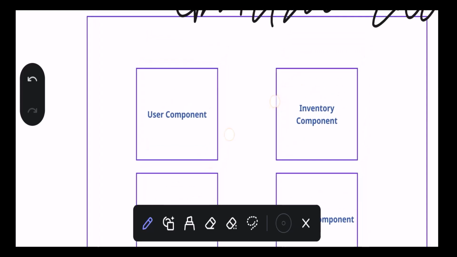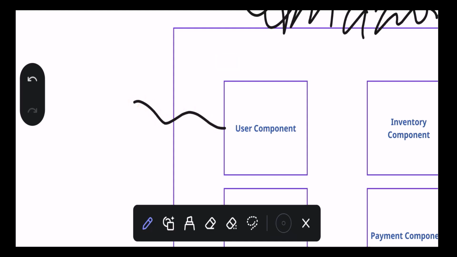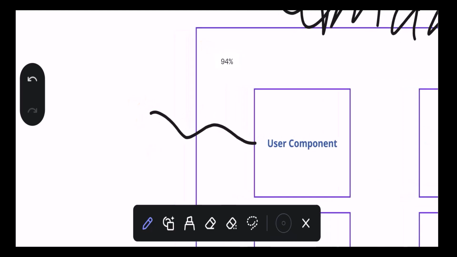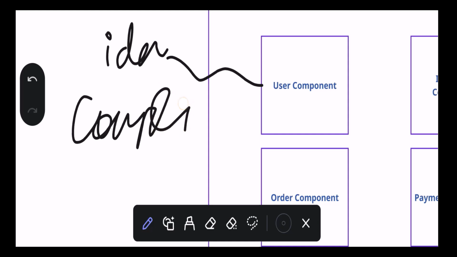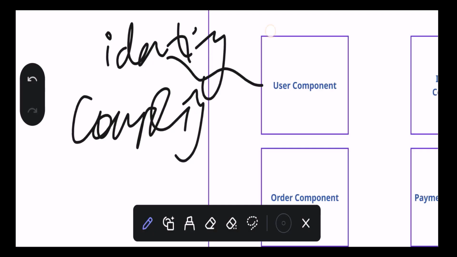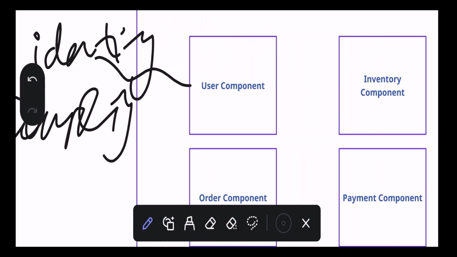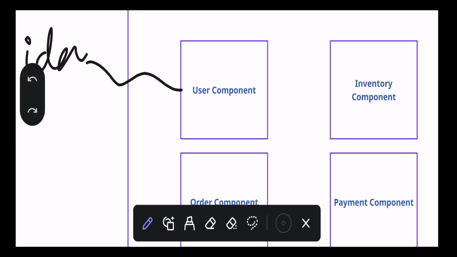So yes, in this step we have to identify what each component is doing, and we have to identify the coupling between different components, so that we can identify the business need or business capability of each component in the monolithic architecture.